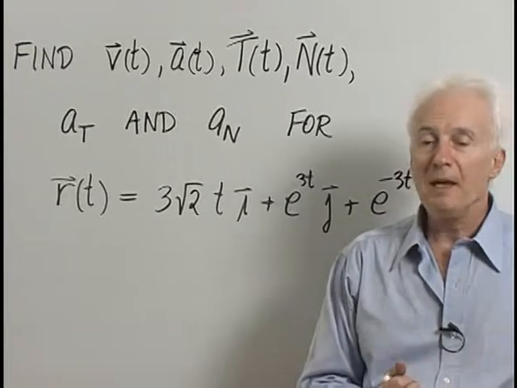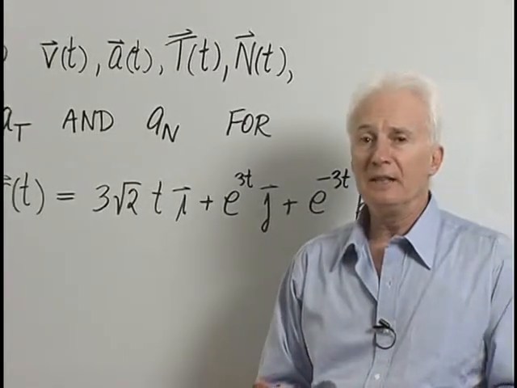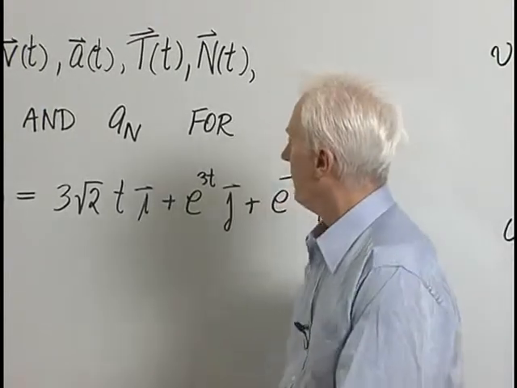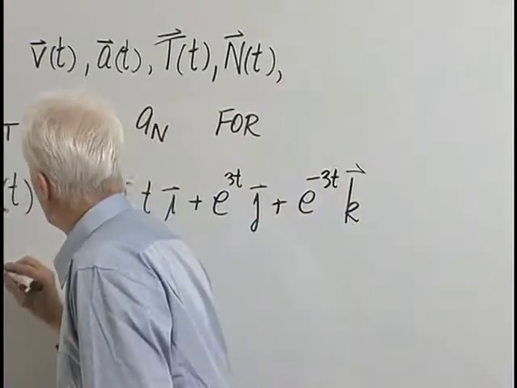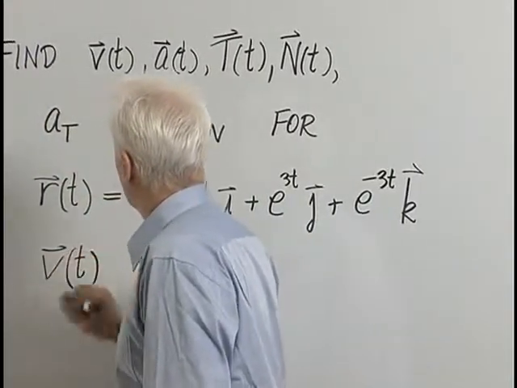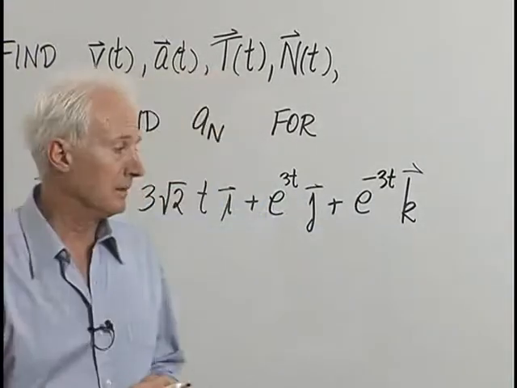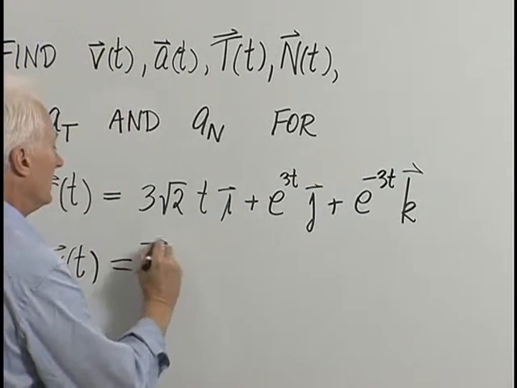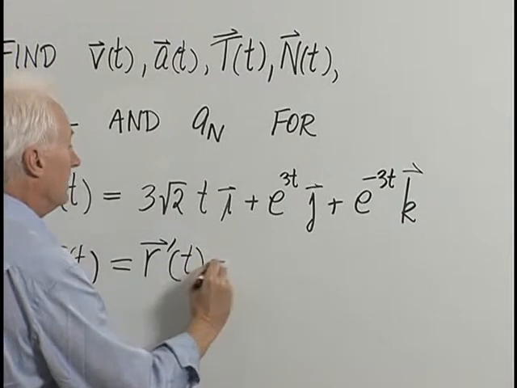So remember, the main thing to do here is to begin by calculating the derivatives. So I want to calculate the velocity, which is r prime. And so let's come over here, and v of t is r prime of t.